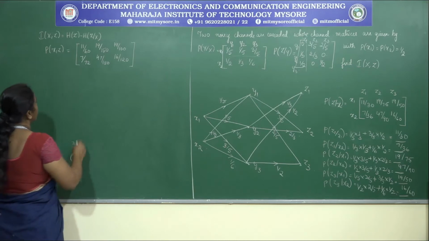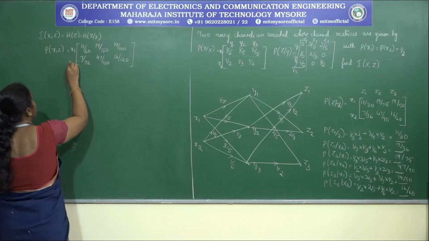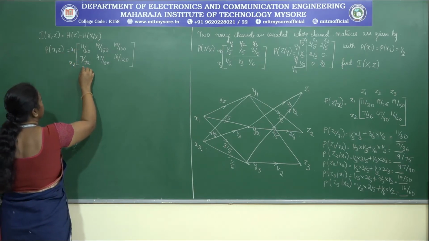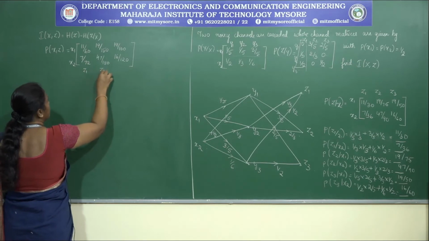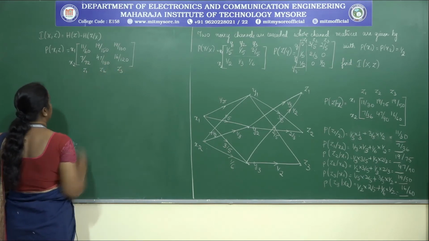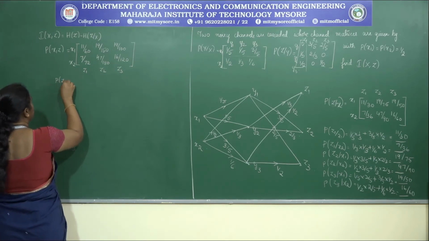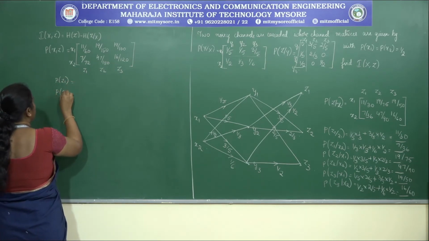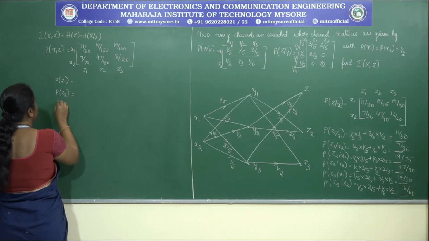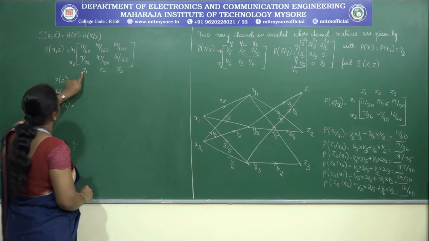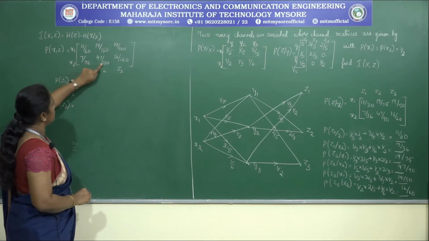Next we also need to find, so this is your x1, x2 and this is your z1, z2 and z3. So we need to find what? P of z1. Then we need to find P of z2. Then we need to find P of z3. So how are we finding P of z1, z2 and z3?